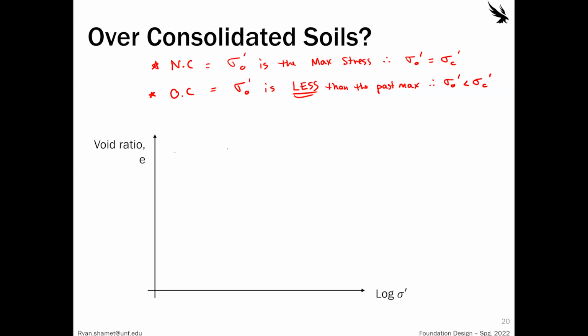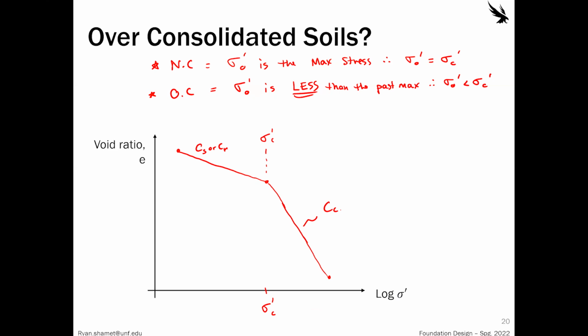Remember what the curve looks like for our consolidation curve. We have a point, roughly estimated, and this is our sigma C. Then we have two lines that anticipate the behavior: our Cs or our Cr, and then we have our Cc.